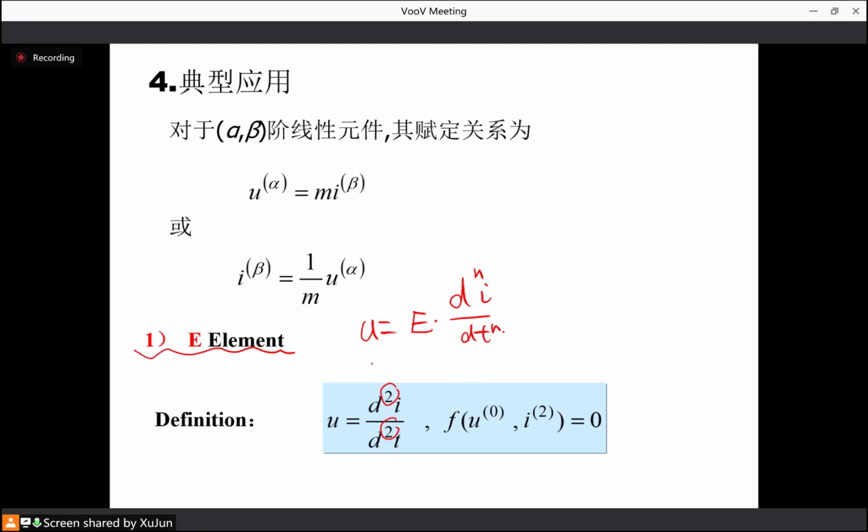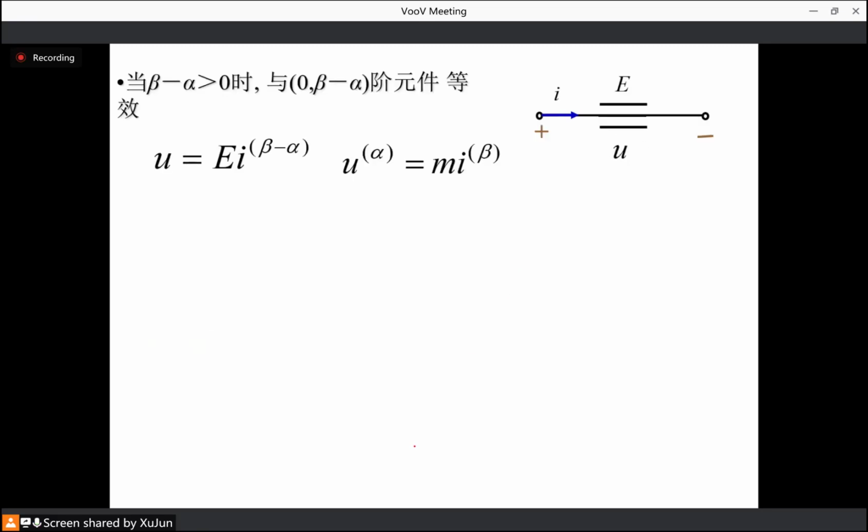It is similar to the L element, where U equals L di/dt. The L element is first order, this is high order. We can treat the E element as a generalization of the L element, similar to an inductor but high order.